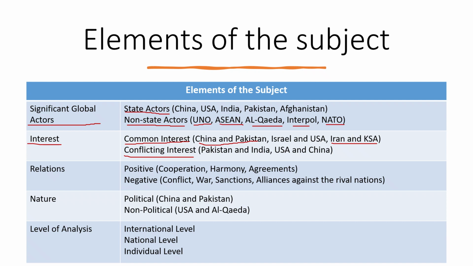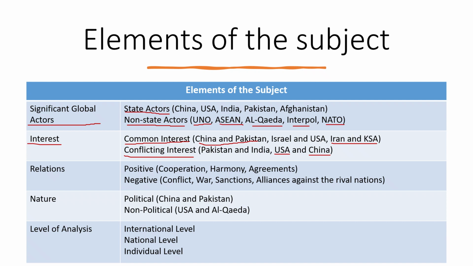China wants to replace USA as a superpower, and USA wants to sustain its position as a superpower. So this is the conflicting interest of USA and China. So these are the interests that the countries develop among themselves. And on the basis of these interests, relations develop among the different nations.